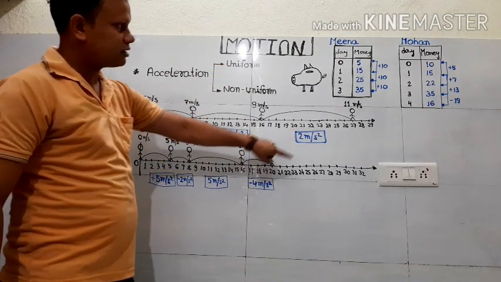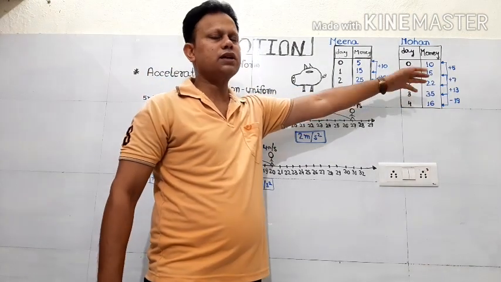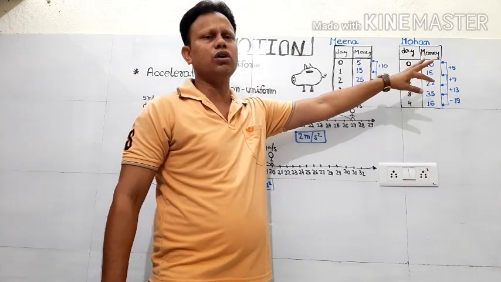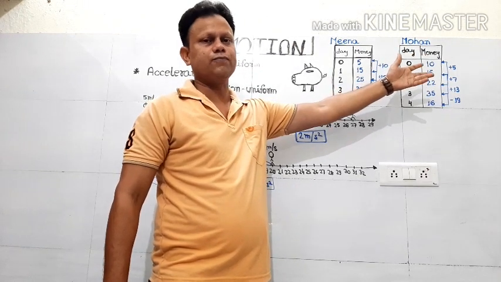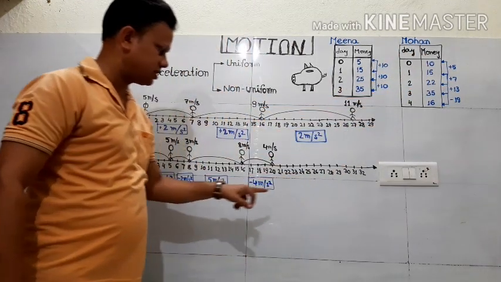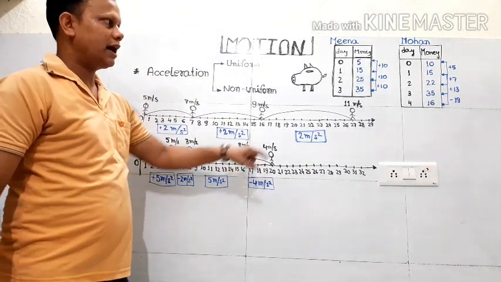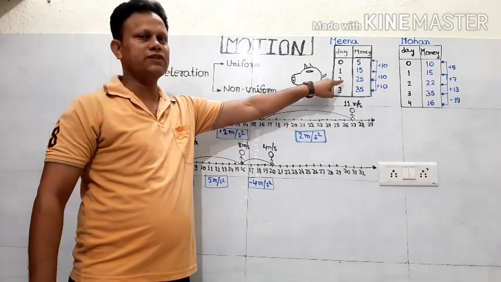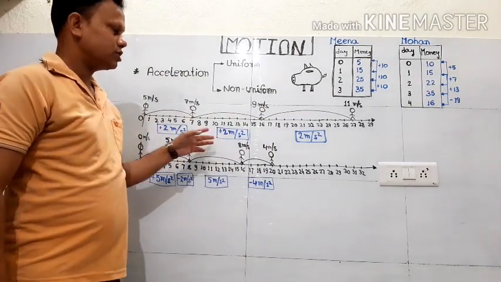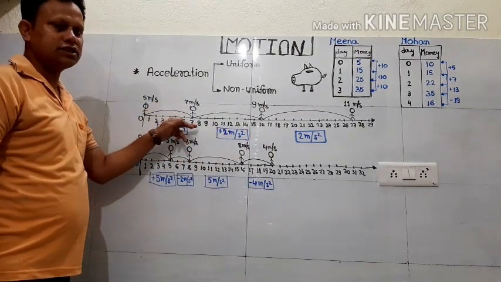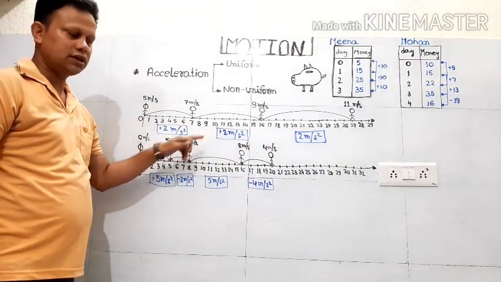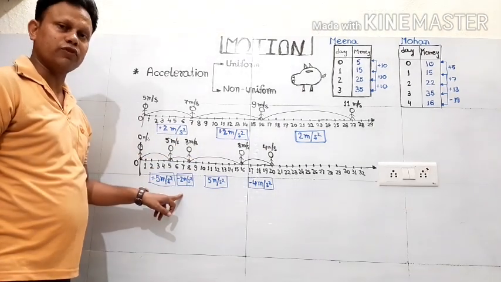That is similar to this situation, in which you can take any value of change in velocity. So this matches with non-uniform acceleration, and this way of depositing or saving money matches with this. So this is the situation of uniform acceleration, and this is the situation of non-uniform acceleration.